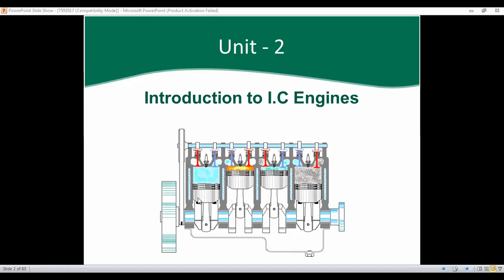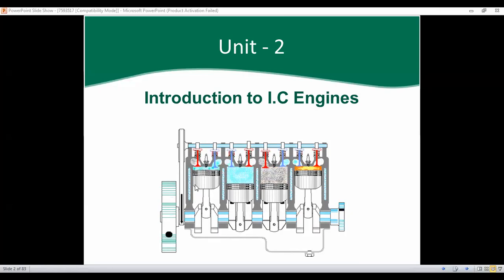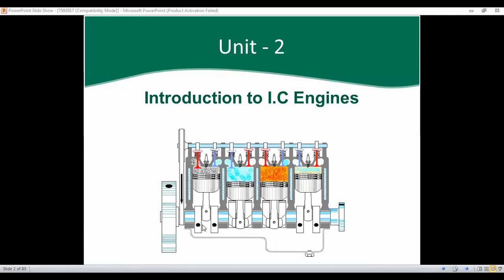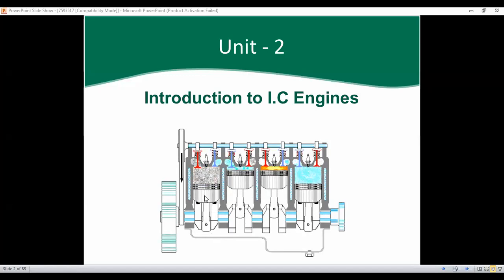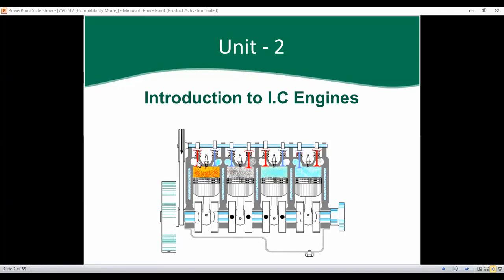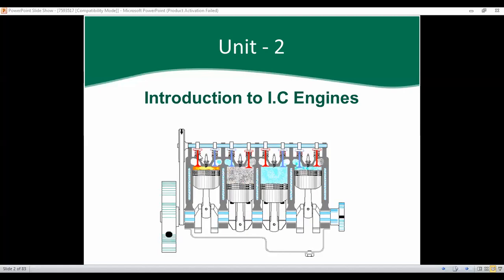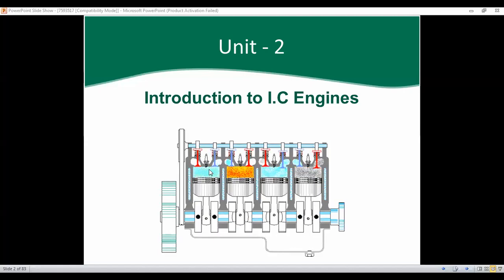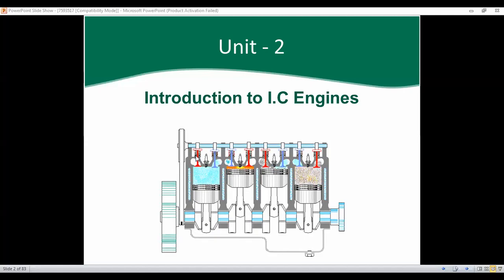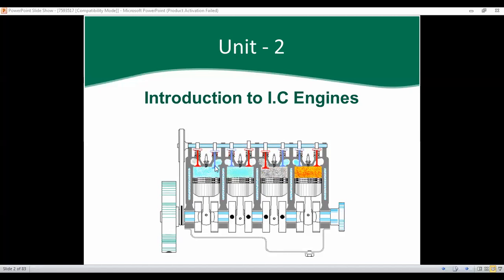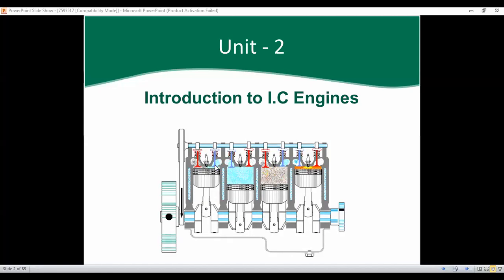And the combination of this piston and here, this is the cylinder. Inside the cylinder, the piston can move. Here, red and blue: you can see the red valve and the blue valve. One is the inlet valve and one is the outlet valve.